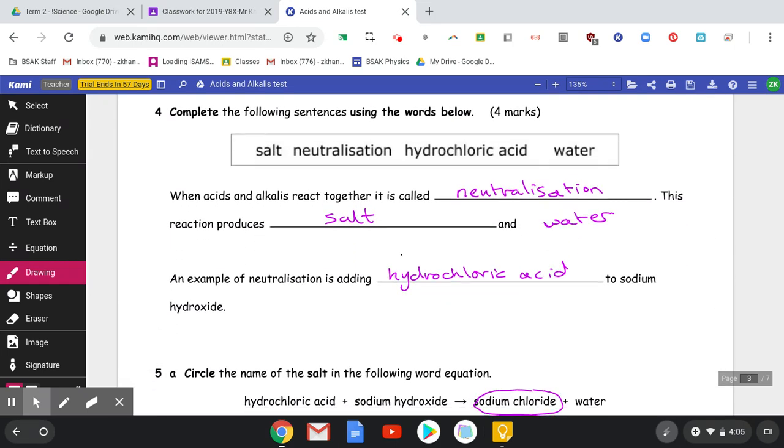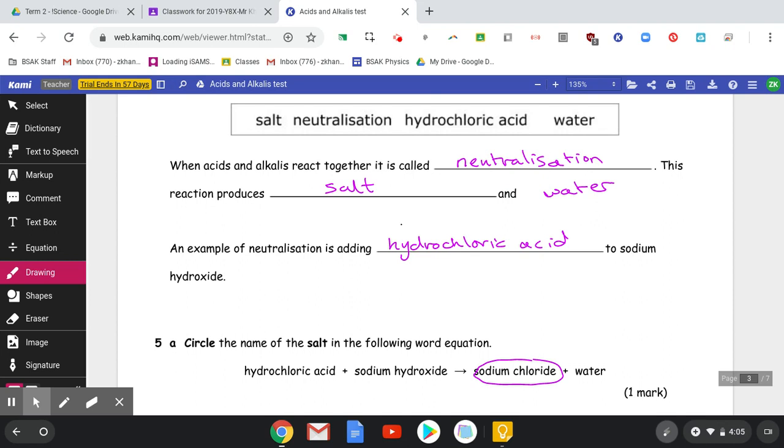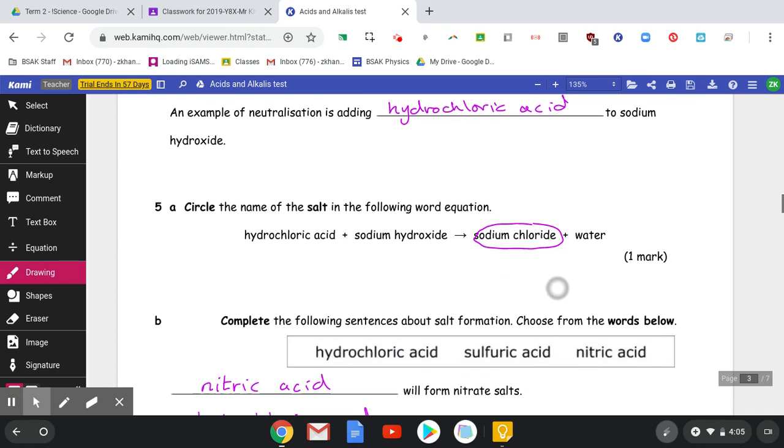Question 4, acids and alkalis react. They form a neutralization reaction where they produce salt and water. An example of neutralization is hydrochloric acid added to an alkali, sodium hydroxide.